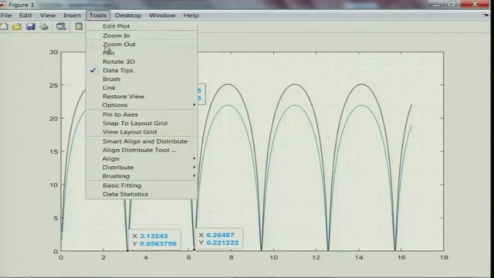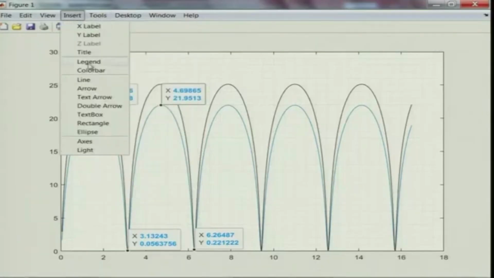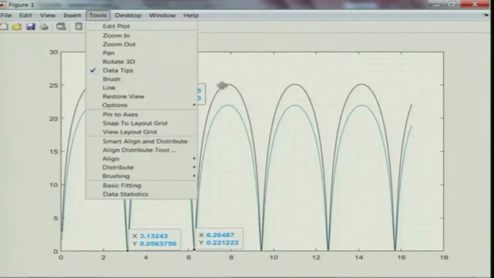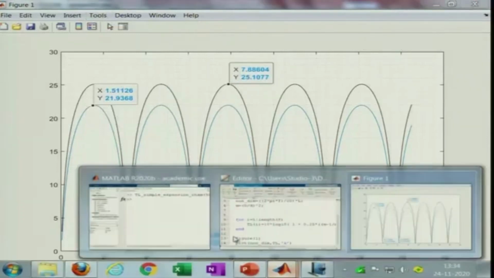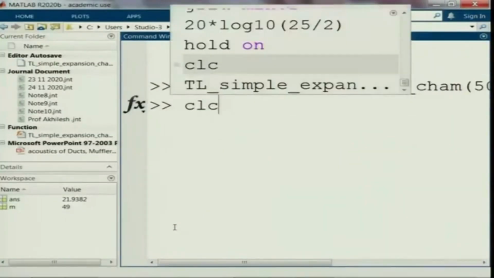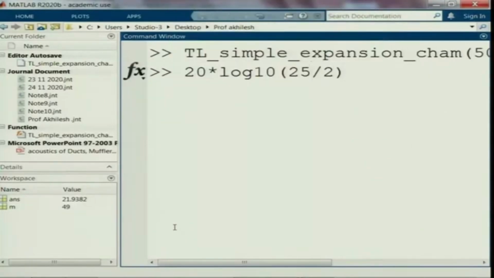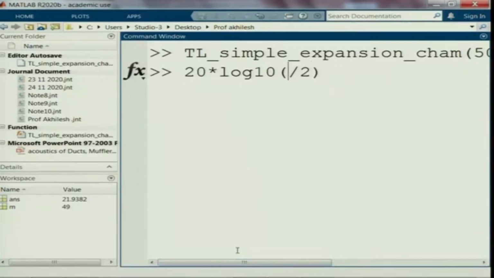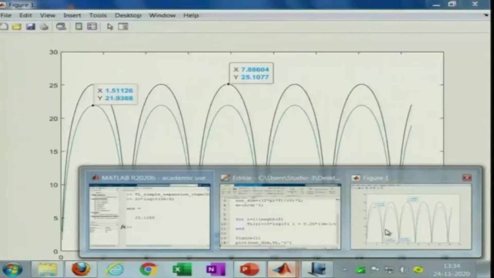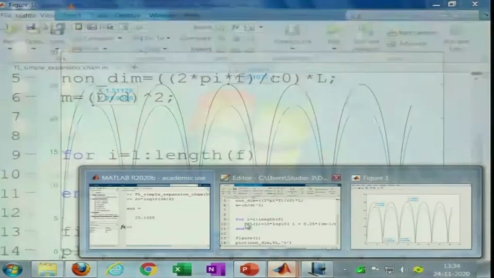What exactly was it? We can put a mouse here, 25.107. So, 20 times log of 300 by 5, that is 6 square, is 36. So, 25.10, and that is what we are getting.